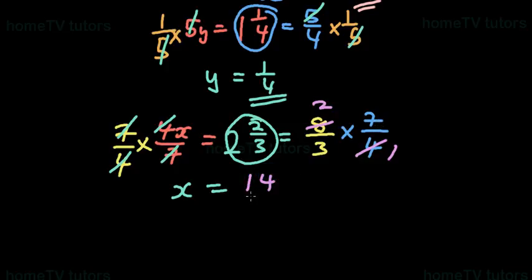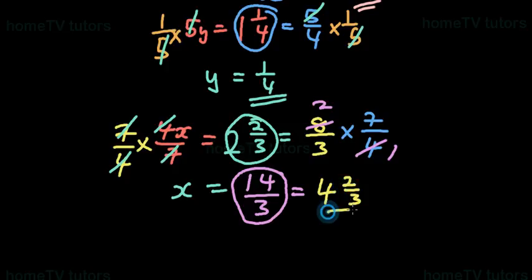So we have 14 over 3, which is equal to, we now convert this back to a mixed fraction. So 3 will go in 14 how many times? 4. Good. Then remainder what? 2. So 2 over 3.